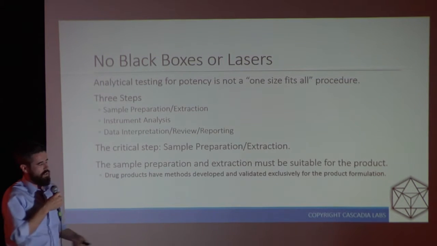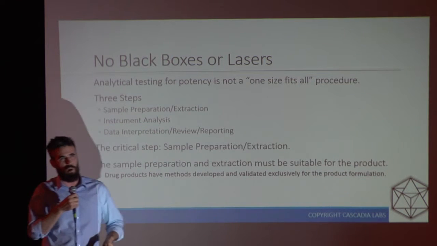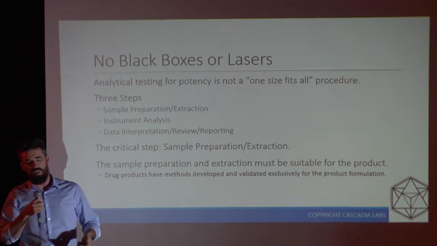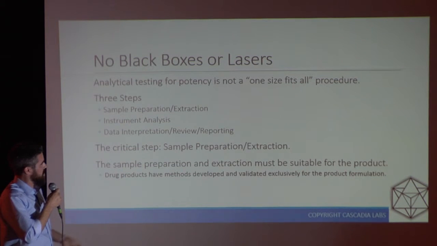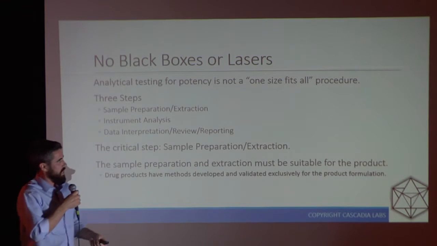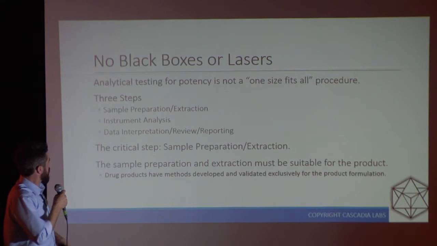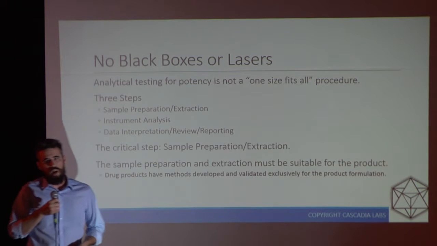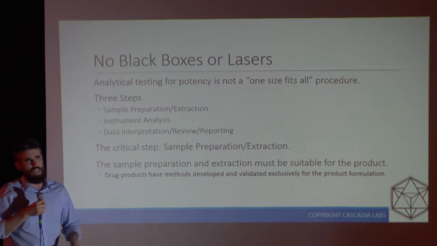So, getting into laboratory testing of cannabis potency, I really just want to explain some of the steps in the procedure. This is consistent for most analytical sciences, where there are, in my opinion, 3 steps. It's not a one-size-fits-all method for potency for any analyte.